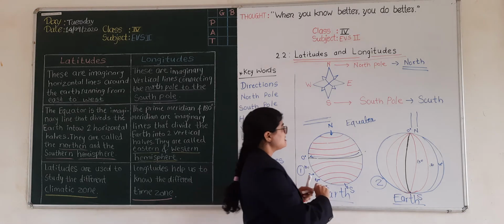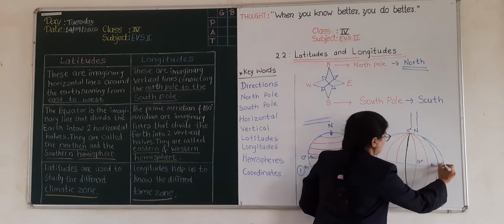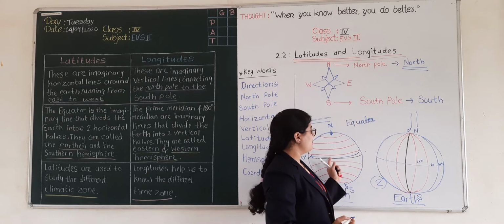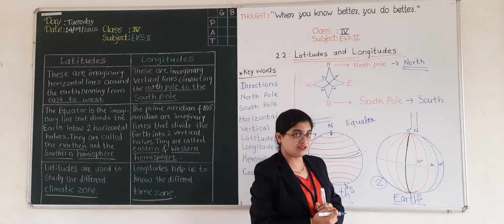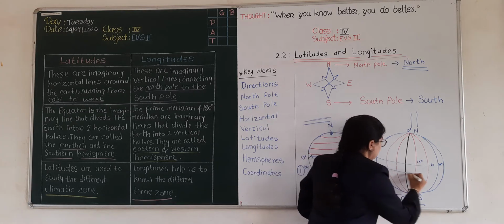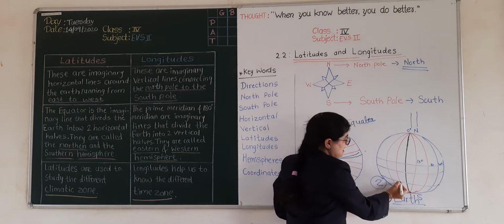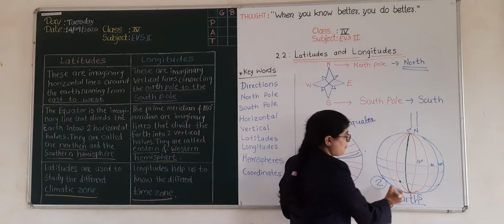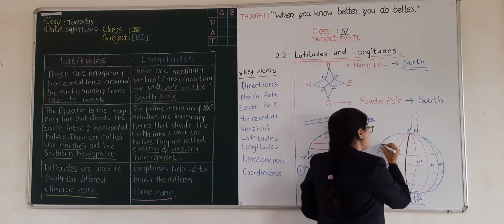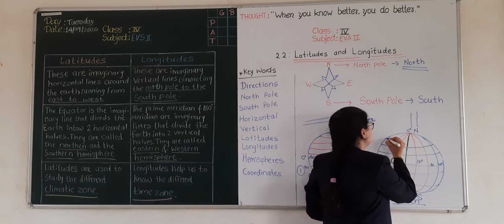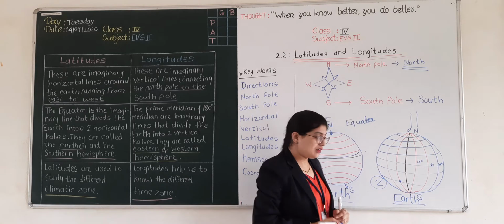See here. I will draw here only. If we are drawing these imaginary lines on the Earth, these lines intersect each other. They cross each other at some point. You can see here, as I am drawing, these lines are crossing each other.